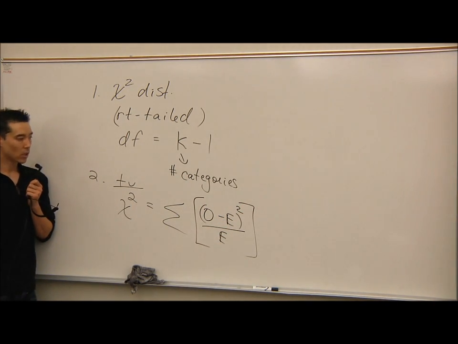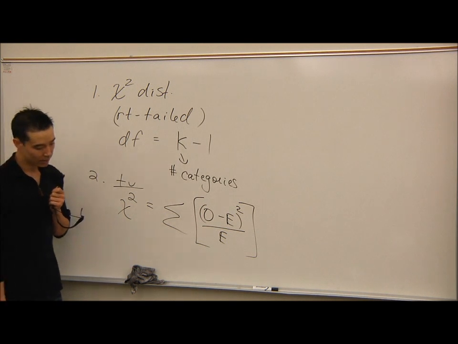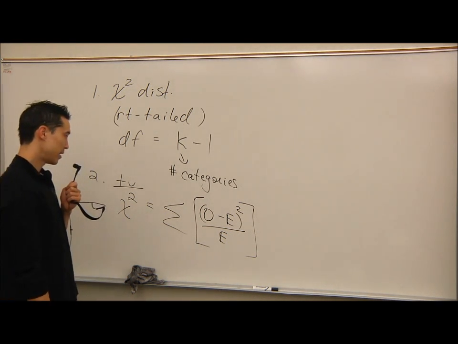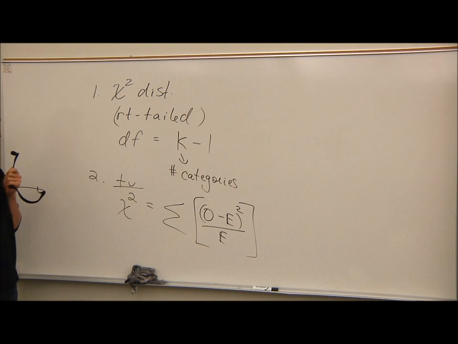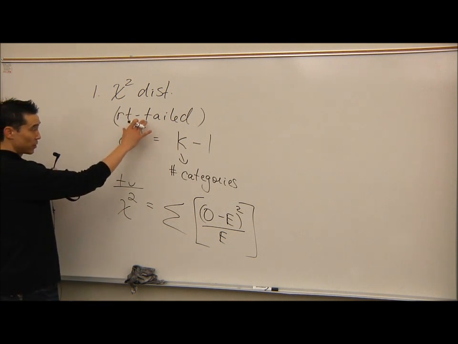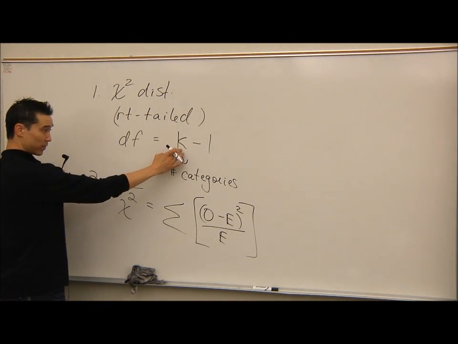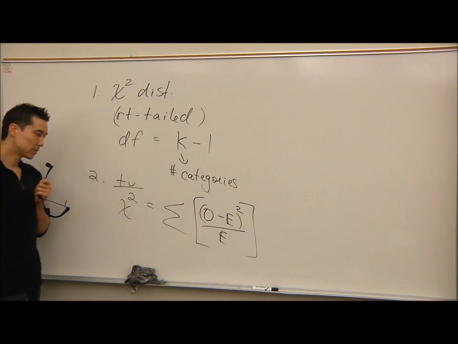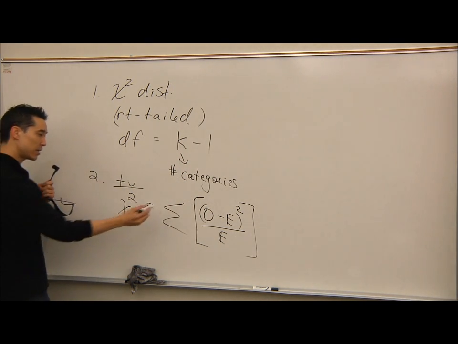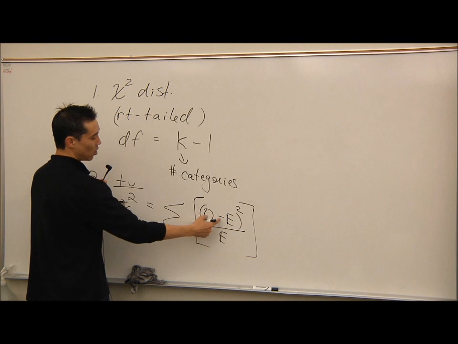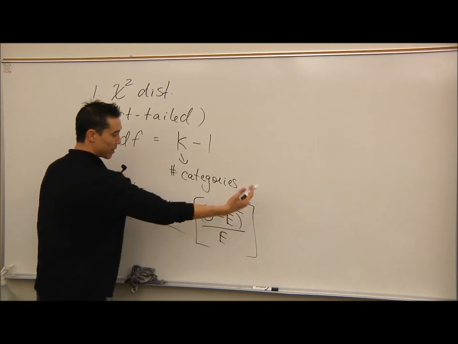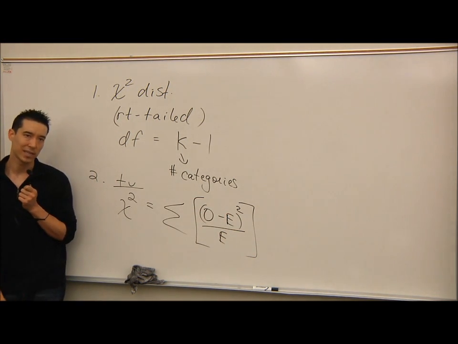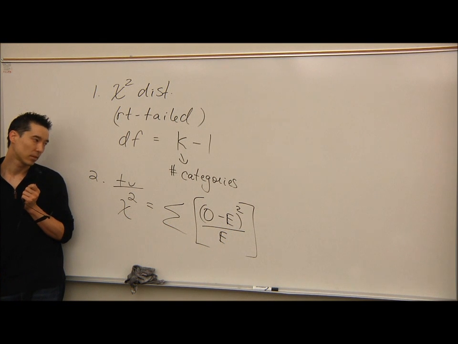That is my test value formula. So it's chi-square distribution, right tail, just put all of alpha in the right tail. The degrees of freedom is k minus 1, k is categories. And my test value is the summation of O minus E squared over E. We're just going to add that piece several times, however many k's there are. Okay?